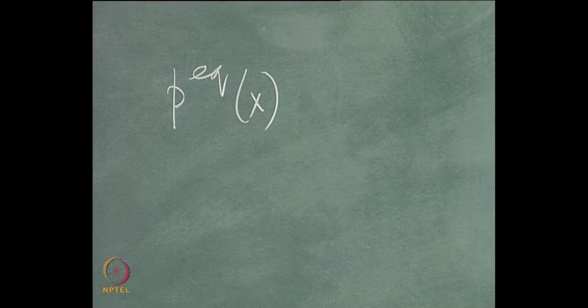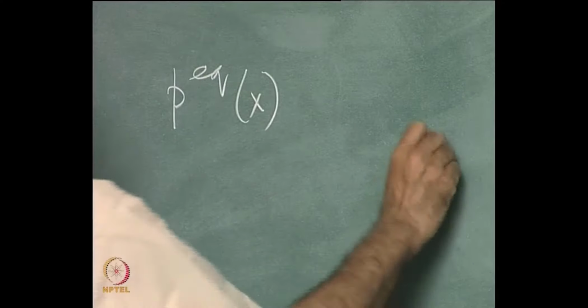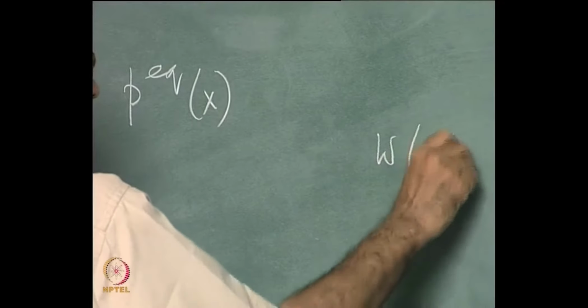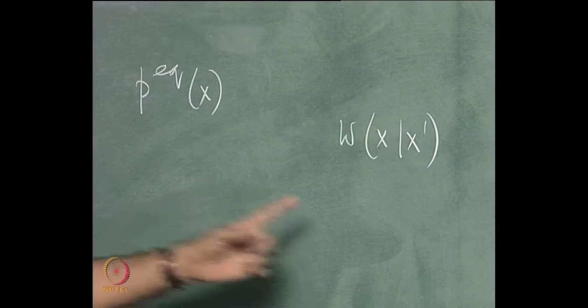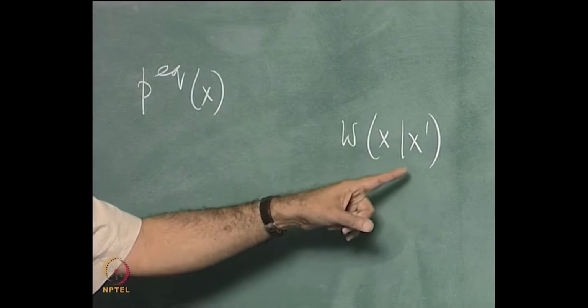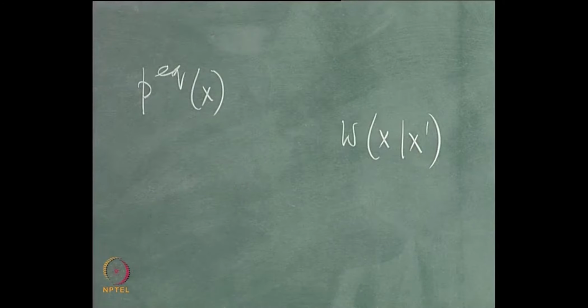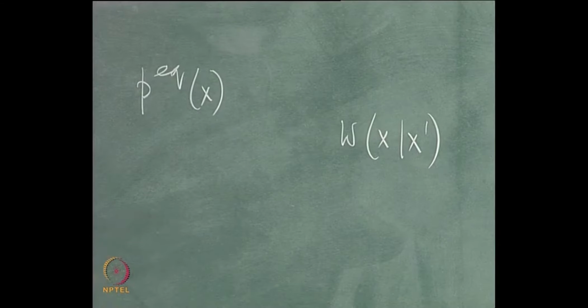Then in the Markov process, for which the transition rate is of this kind, this is the transition probability per unit time to go from x prime to x, we could model this in the following way.